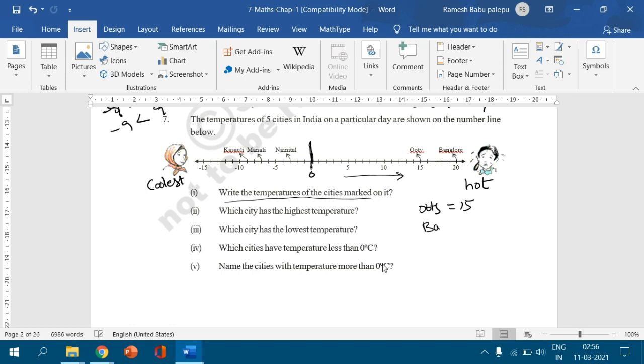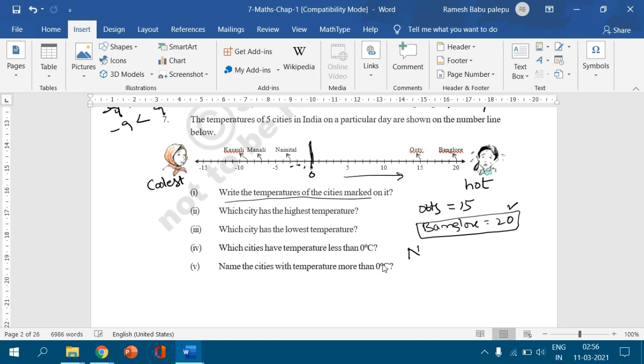And Bangalore is 20 degrees. So out of these cities, actually Bangalore's temperature is very high and it is very hot. And we go to the negative side. That means left side of the 0, right? And this point we know -1. This is -2 and this is -3.